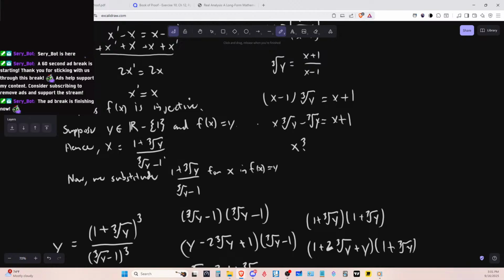Yeah, because the way we do it is that minus here, and then this one has to go on this side, like that, and then we just remove x like this.